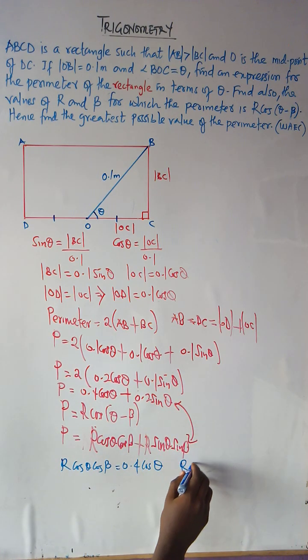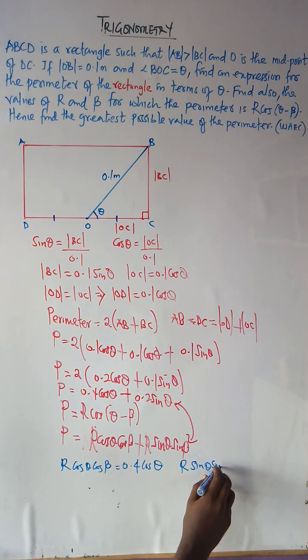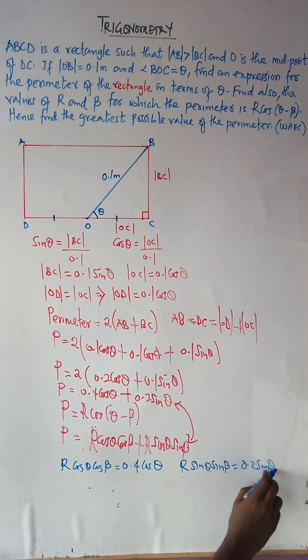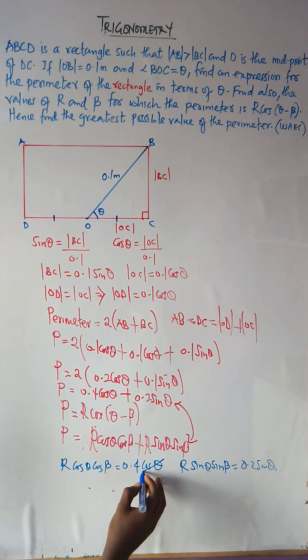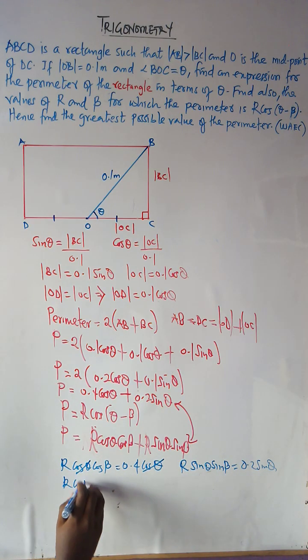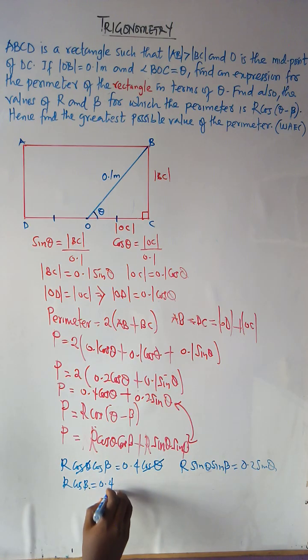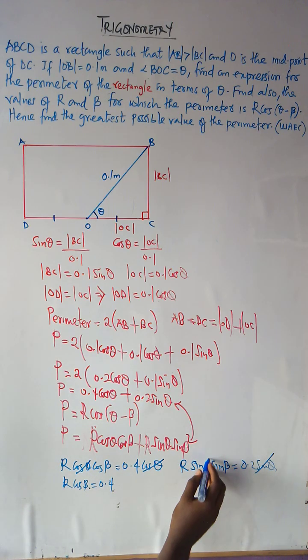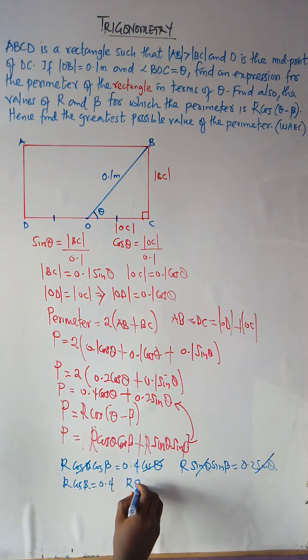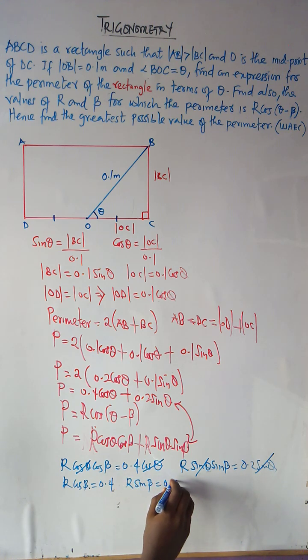So R sin theta sin beta equals 0.2 sin theta. From here, cos theta cancels cos theta, so R cos beta is 0.4. Same thing here, sin theta cancels sin theta, so R sin beta is 0.2.